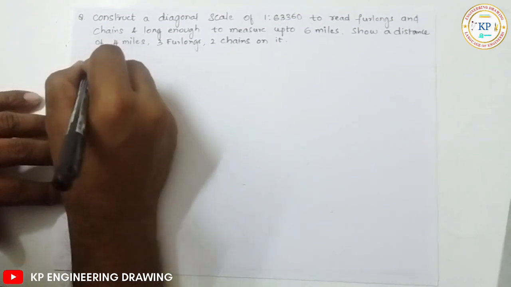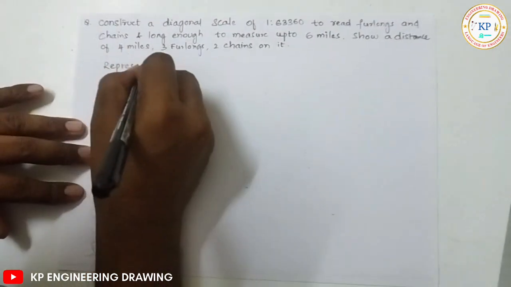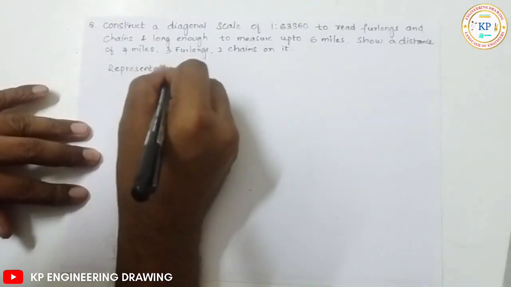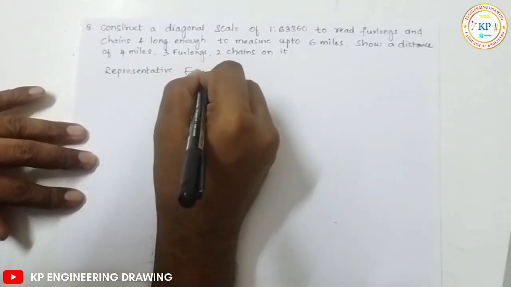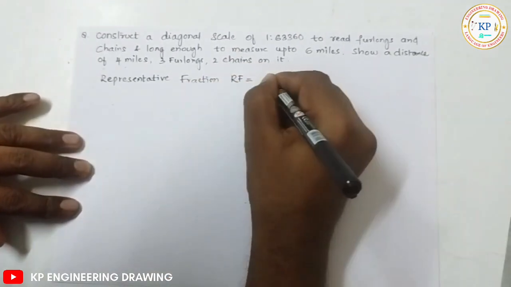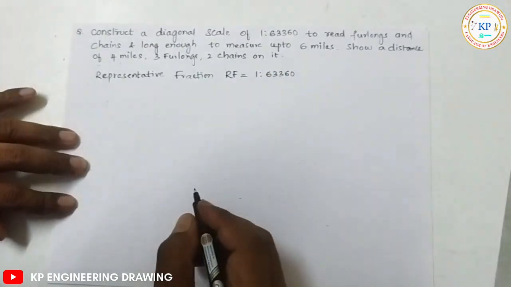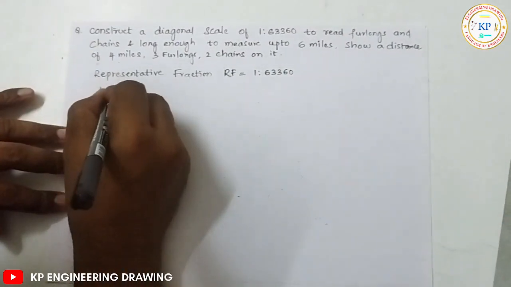So in the problem, the representative fraction, RF, is directly given in the problem, that is 1:63360. So the length of scale we need to calculate.